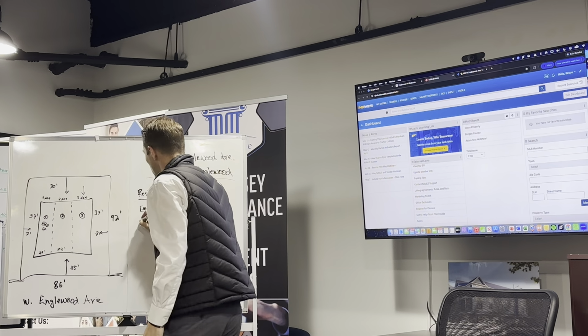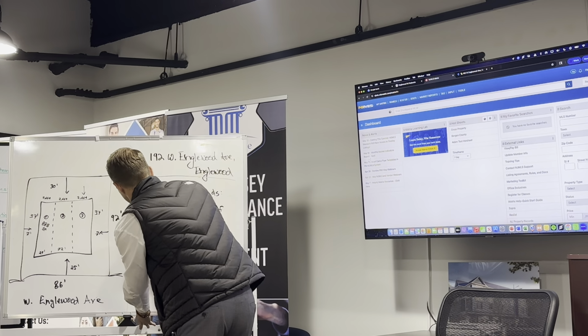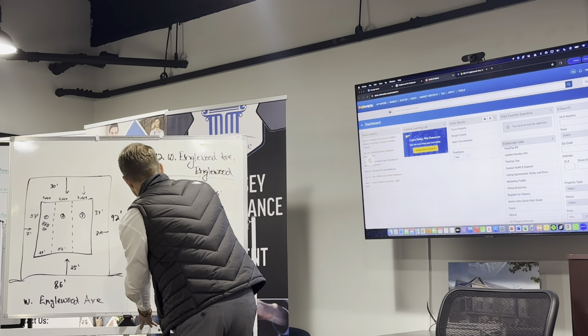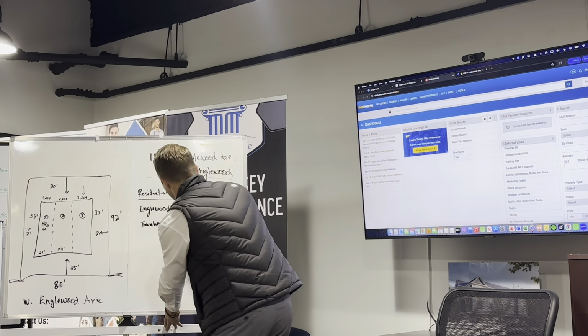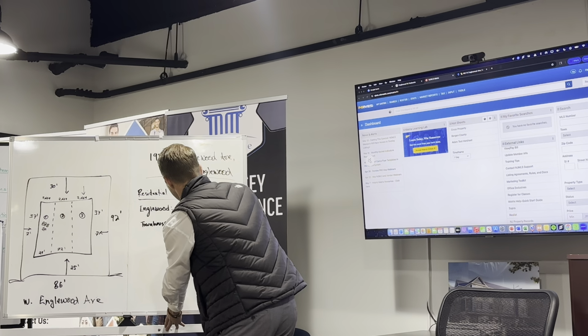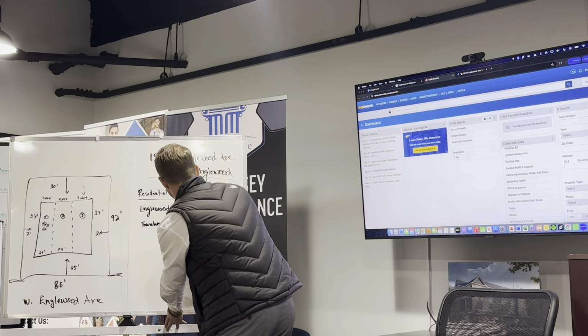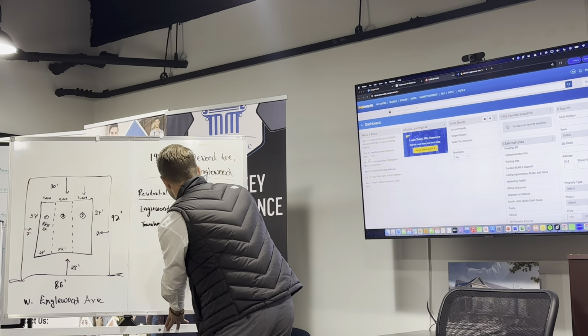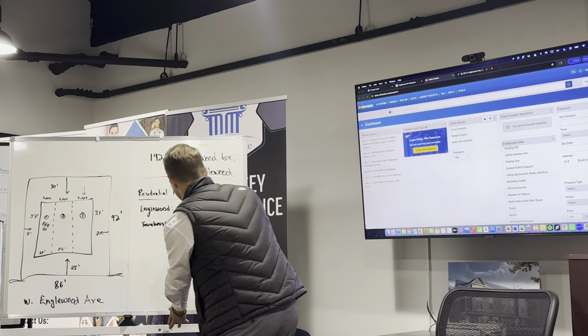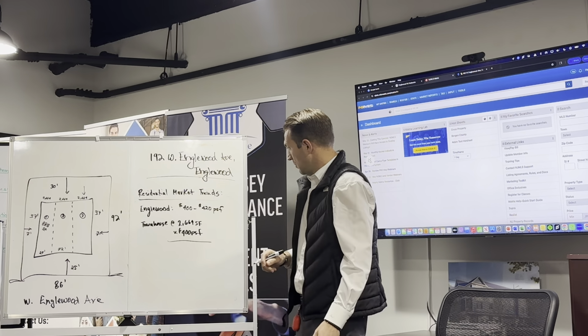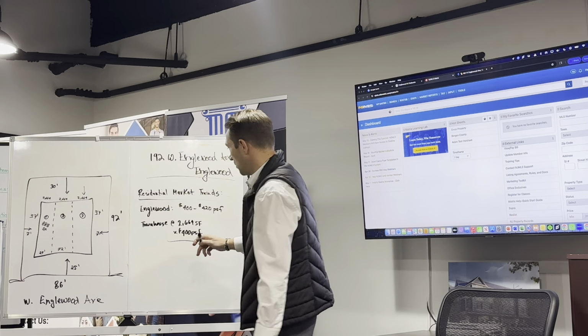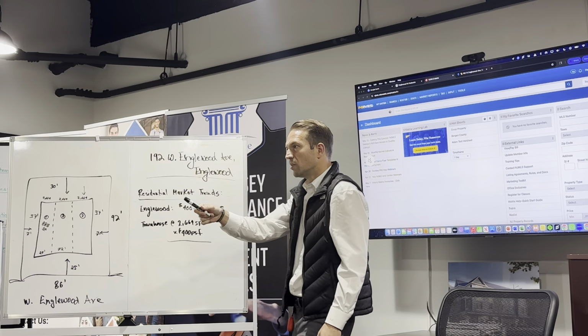Now, each townhouse at 2,664 square feet, times, let's just do $400 a foot. What's the answer on this one, guys? A million and one, maybe?